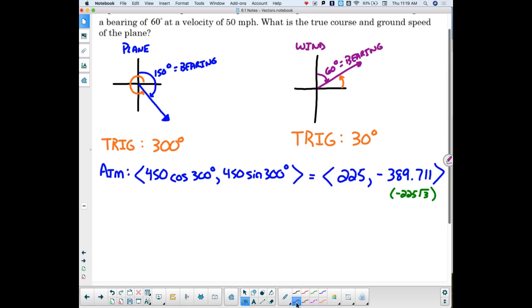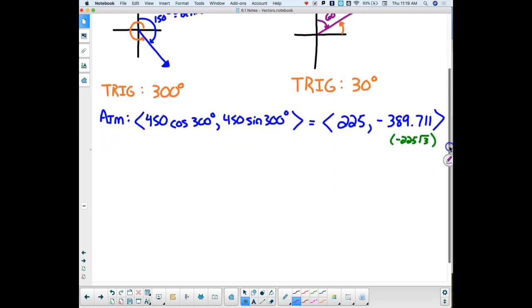So the wind here then, what's it? 50 miles an hour is my velocity of the wind. So the wind is 50 cosine of 30 degrees, 50 sine of 30 degrees.